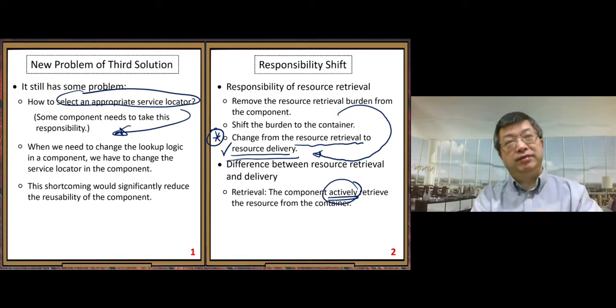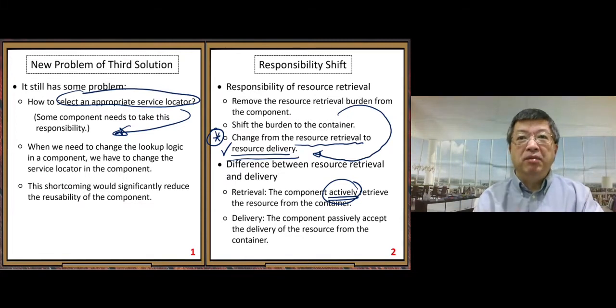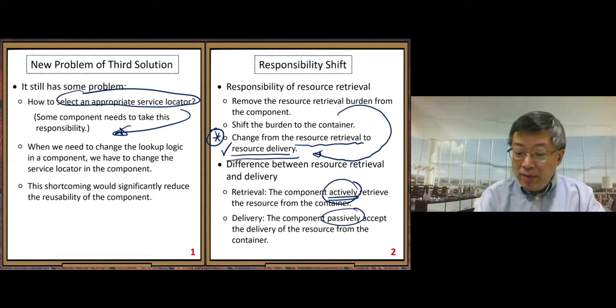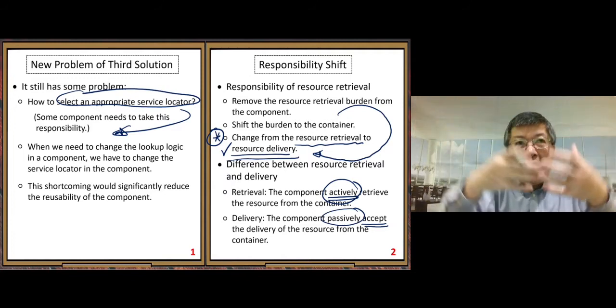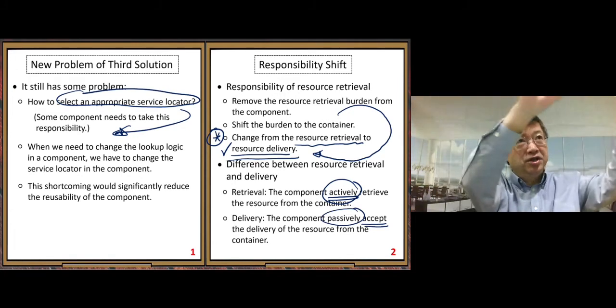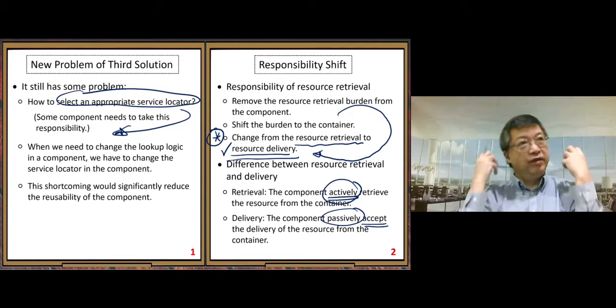Now the delivery. The way is completely different. This time the component passively, not actively, just accepts. Someone delivers a package to you, you just accept it. You do not go to some place, the post office, to retrieve it.